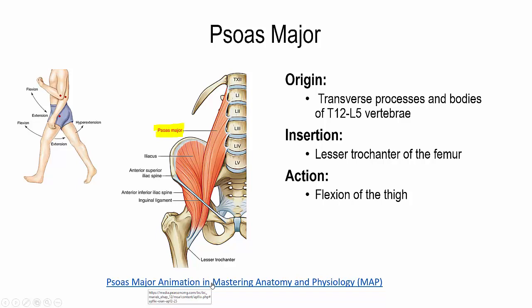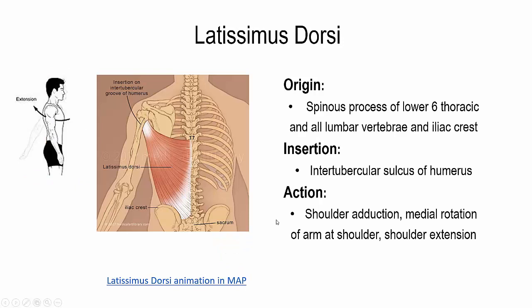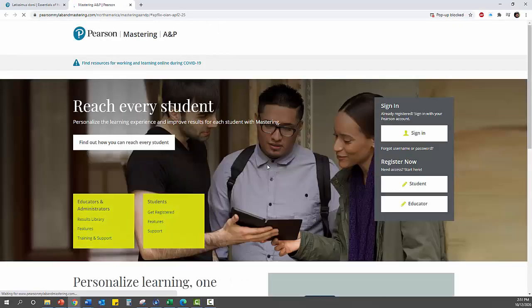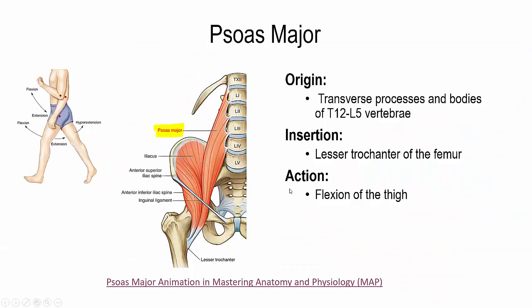When you click on the first link, you may have to log into your Mastering account to continue accessing those videos as you go through this PowerPoint, and you want to click on and watch each of those videos. If you were to click on that video, what should come up is the sign-in page for Mastering. You're going to sign in, and once you sign in, you'll be taken to that video. Okay.